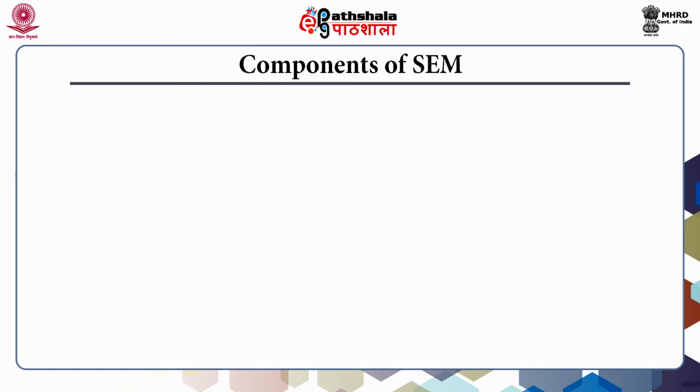Detector is also one of the important components of scanning electron microscope. The electrons coming out of the sample are collected on detectors. A variety of detectors used are discussed here.